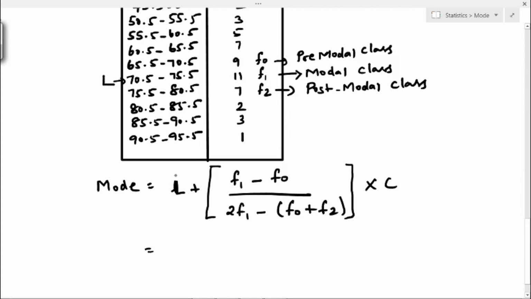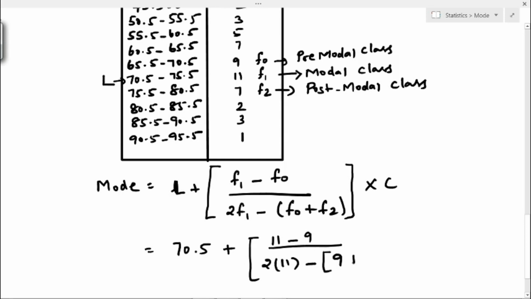L is 70.5, the lower limit value, plus F1, which is 11, minus F0. F0 is the pre-modal class, that is 9, divided by 2 into F1, which is 11, minus the open bracket F0 plus F2. F0 is 9 plus F2 is 7, close the bracket, into C, which is 5. Now solve.